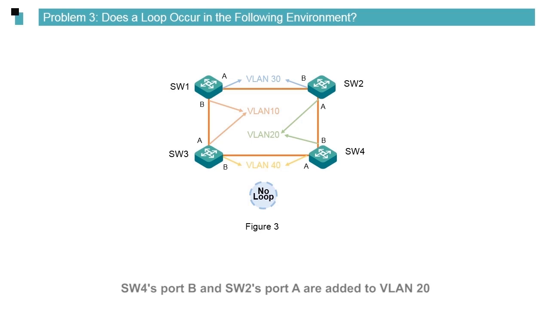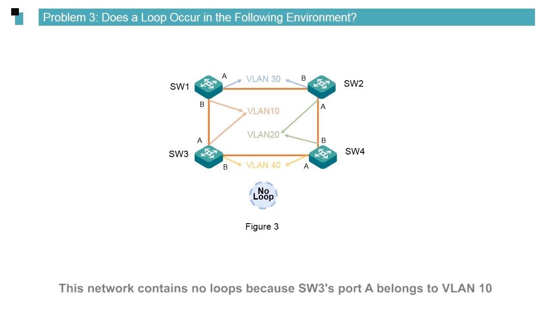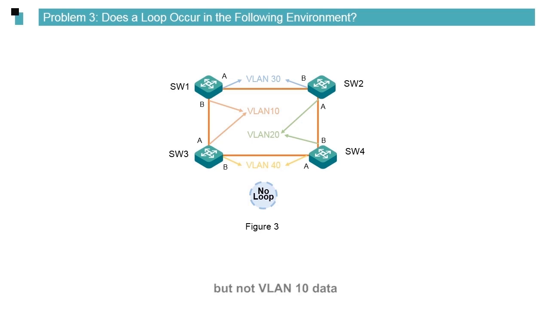SW4's port B and SW2's port A are added to VLAN 20. This network contains no loops because SW3's port A belongs to VLAN 10, and SW3's and SW4's trunk ports allow VLAN 40 data to pass, but not VLAN 10 data.